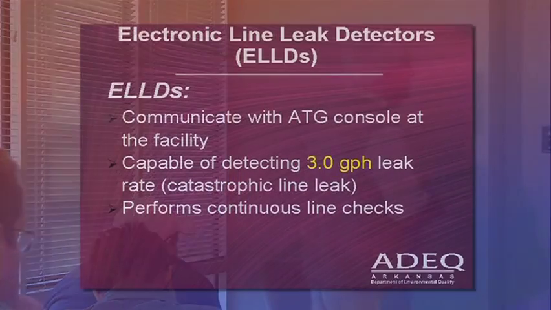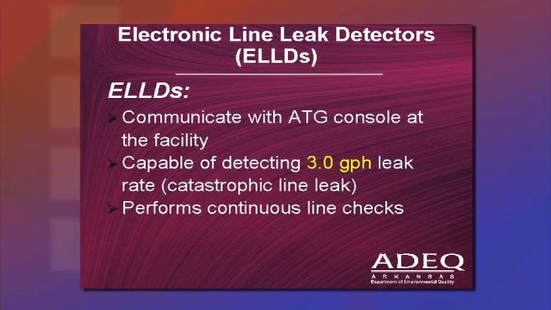So if you have electronic line leak detectors, they communicate with the automatic tank gauge console at your facility. They're capable of detecting, again, a 3.0 gallon per hour leak rate for your electronic or automatic line leak detectors, and that is the catastrophic line leak rate, 3.0 gallons per hour.